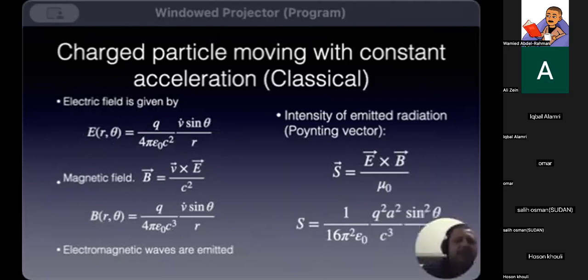Okay. Then if you go and look at these books of electromagnetism, you're going to find that this is the electric field, and this is the magnetic field. I think it's correct.